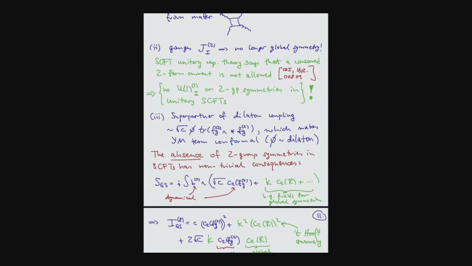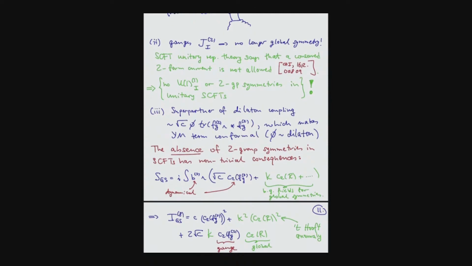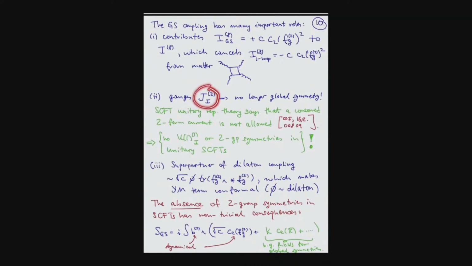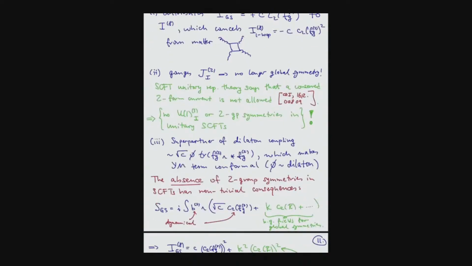And what you find is that in 6 dimensions, with any amount of superconformal symmetry, conserved two-form currents like J cannot arise. So no unitary 6D SCFT has such an operator, has such a conserved two-form current. And therefore, it doesn't have continuous one-form symmetries like the instanton symmetry. And a fortiori, it does not have the two-group symmetries that involve mixing with this one-form symmetry. So essentially, none of the phenomena that I talked about in the first half of the talk can arise in superconformal field theories.